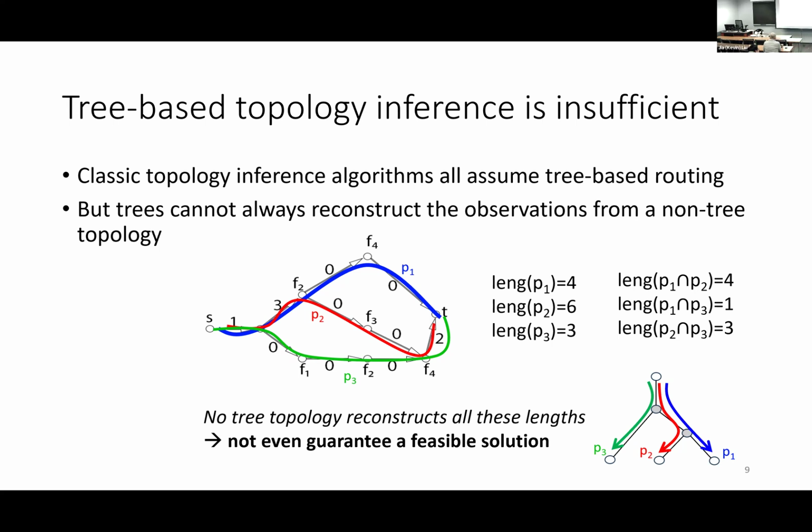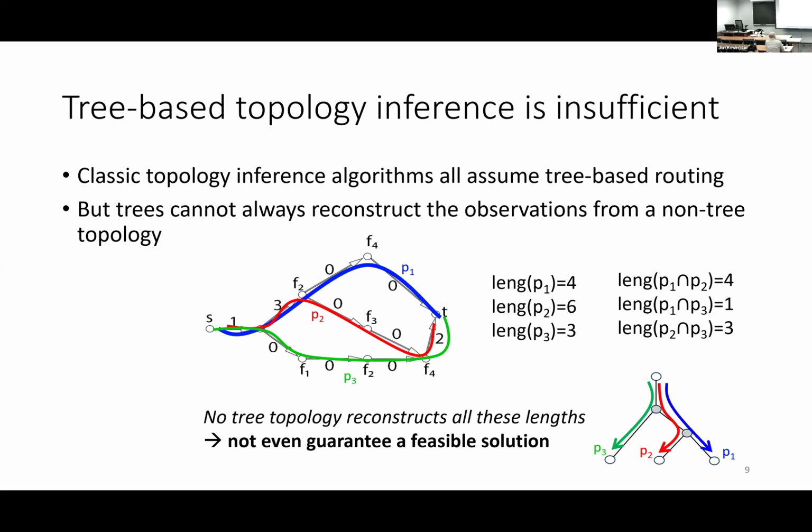Shared path length is minus log of the joint success probability on a pair of paths, and it corresponds to the summation of the links shared by each pair of paths. For example, P1 and P2 share these two links, and their ground truth shared path length would be 1 plus 3, right? And similarly with path length. So you get this ground truth asymptotically.